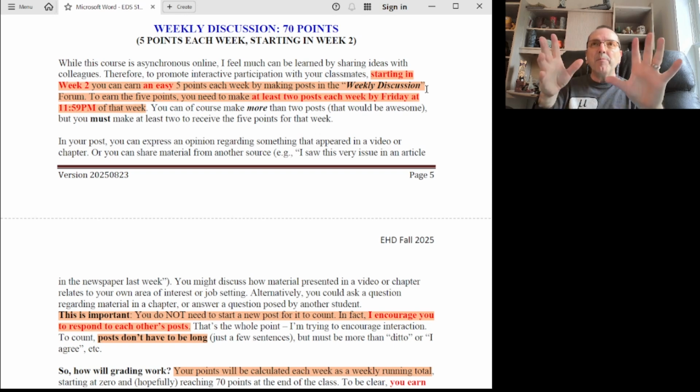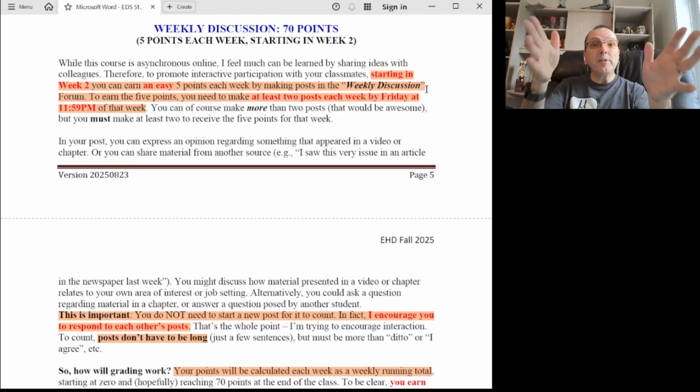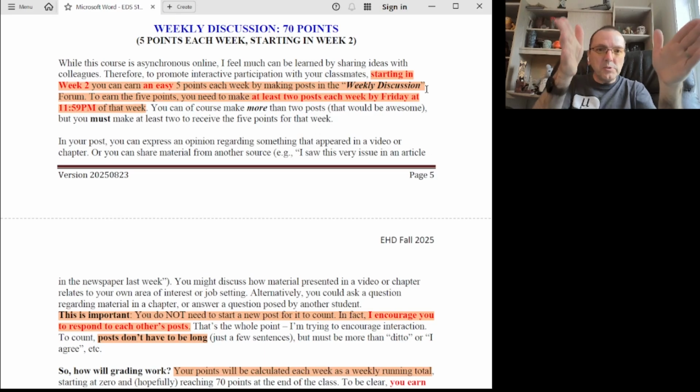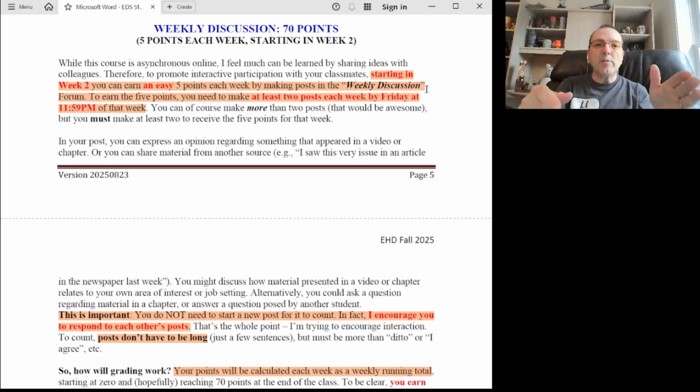Now, here's how it works. This is a running tally. If you look at your grade, you're going to start with 0 points for this. But then at the end of each week, because it's due 11:59 p.m. on Friday, come the weekend, typically Saturday, maybe Sunday, I'll go through and look to see who did their 2 posts the week before, and I'll give you the 5 points.